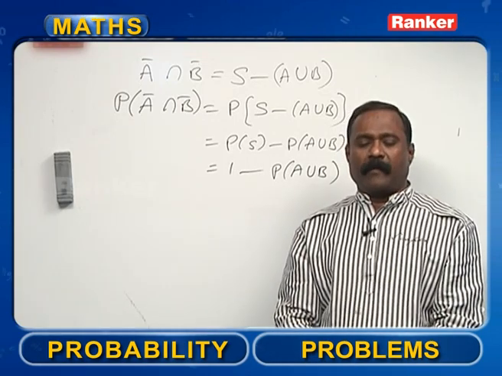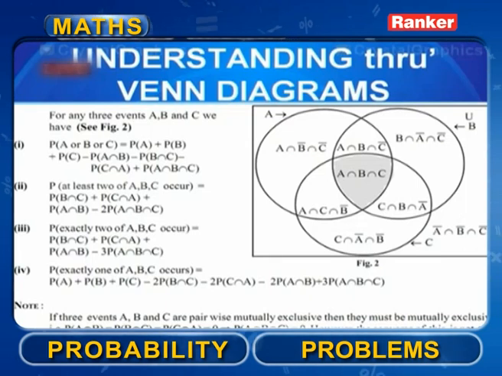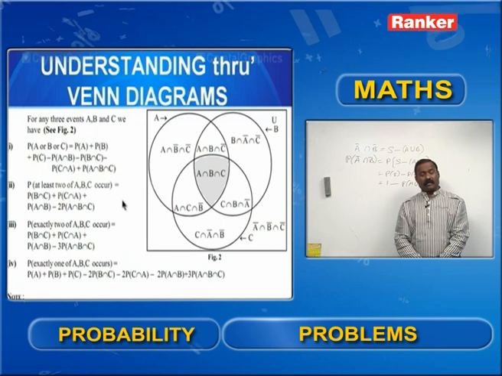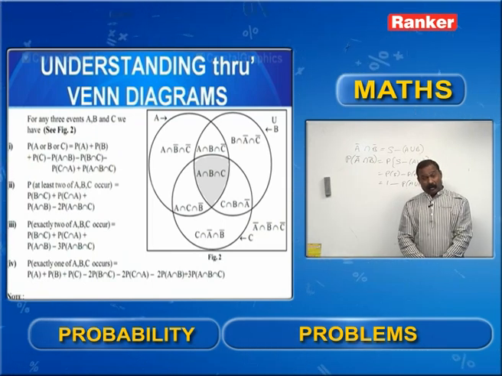Next slide, this one also is understood through Venn diagrams. If you go through it carefully, 3 Venn diagrams are there. You have sets and relations in your lower classes, in your 10th class itself. If you are a CBSE student, you have sets and relations in 11th also.